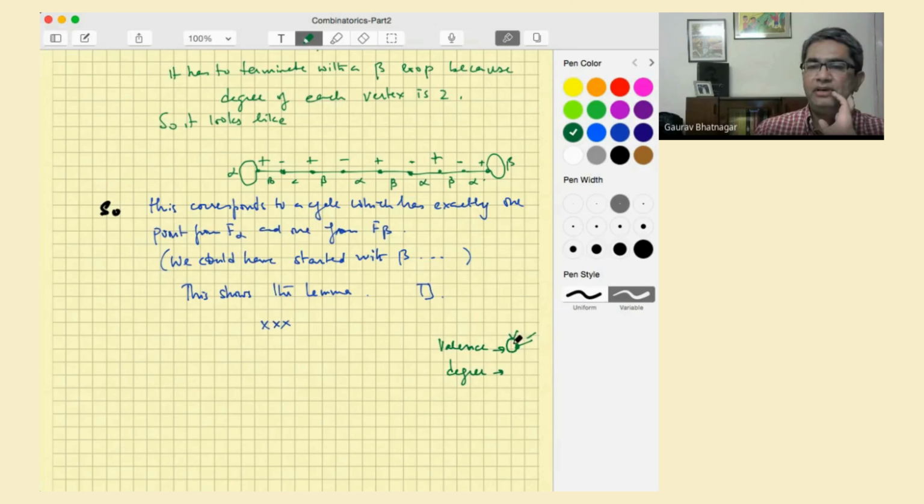And sometimes you say how many are coming in and going out, like in Euler's path, then we count it twice. So depending on the context, one needs different conventions. I think valence is, I don't know which one is which.